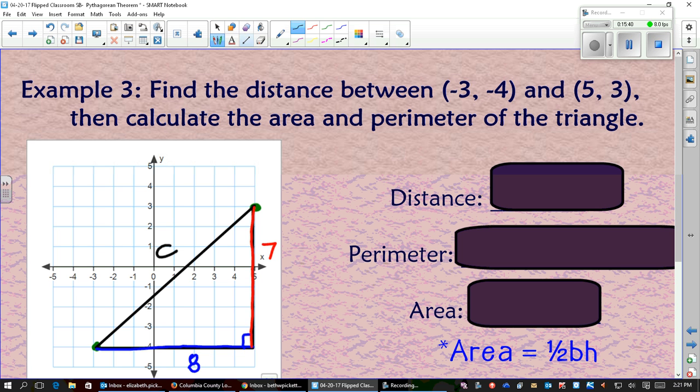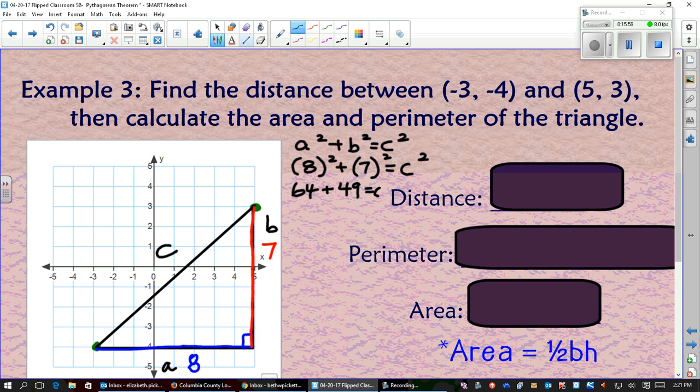So the hypotenuse C, A and B. A squared plus B squared equals C squared. 8 squared plus 7 squared equals C squared. 64 plus 49 equals C squared. 113 equals C squared.